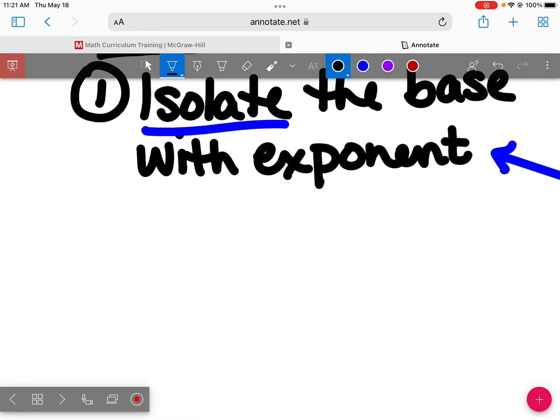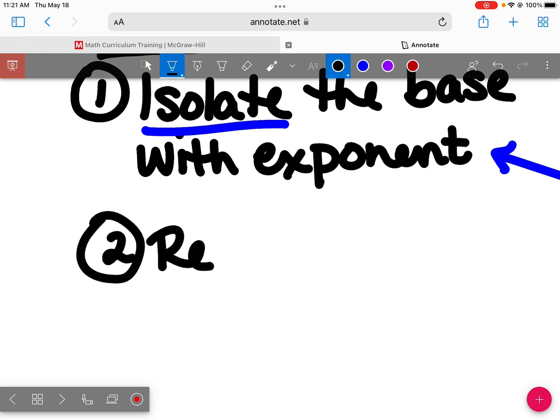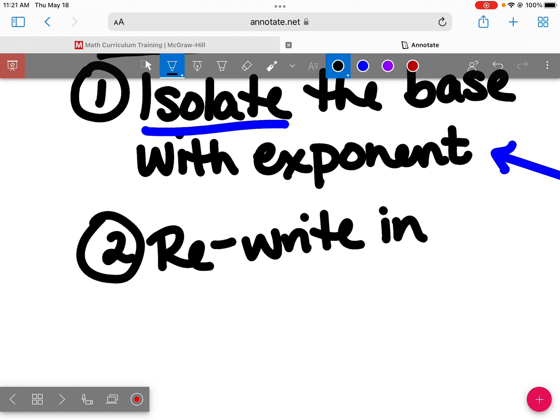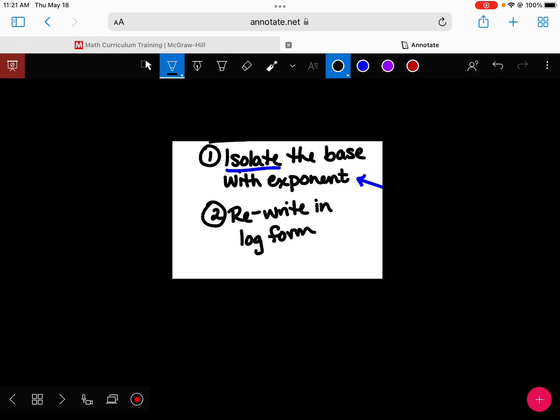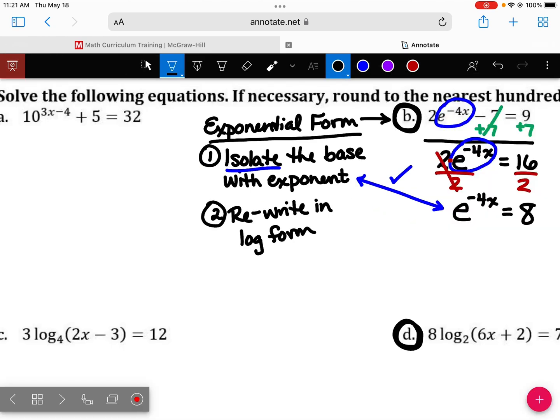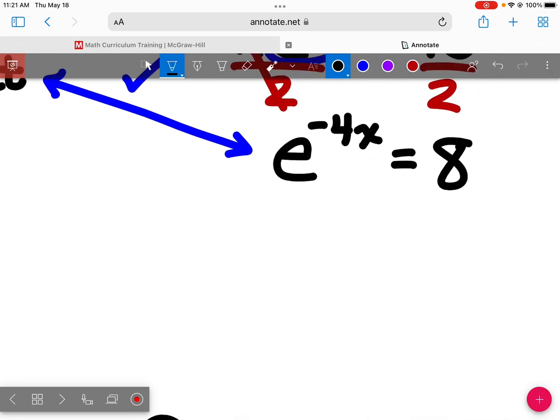Once we've isolated the base that has the exponent on it, now we want to rewrite it in log form. So if I'm going to rewrite this in log form, what do I have to start it with? Log. L-O-G. What would come after the G?